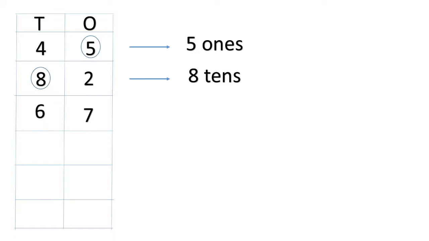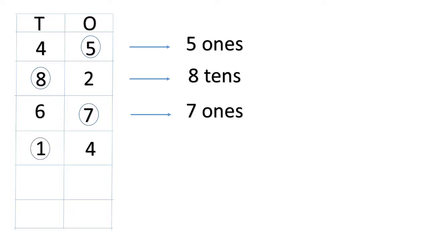Now read the next number. It is 67. I've circled number 7. So how do we write it now? It is 7 ones. You're correct. Let's go to the next number. Read the number, children. Yes, it is 14.